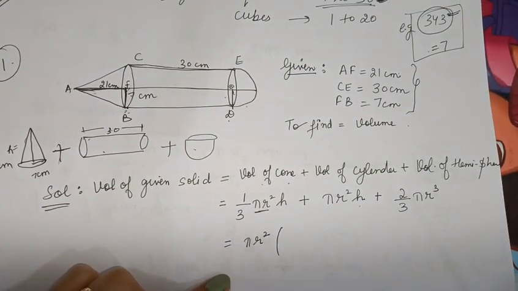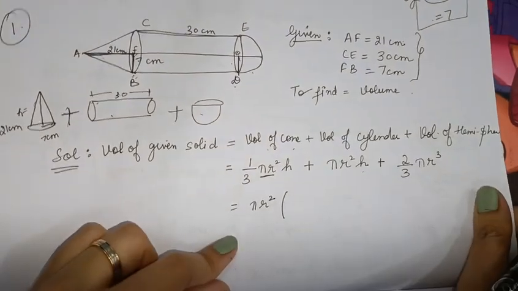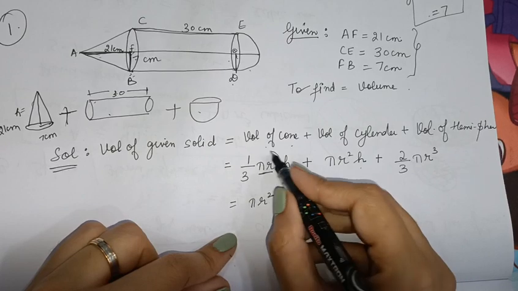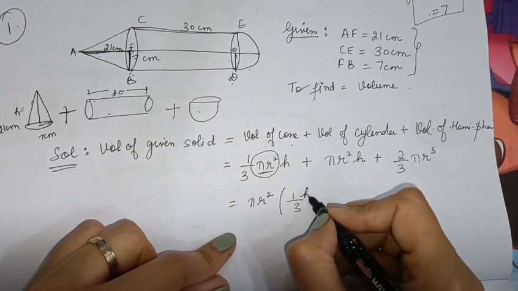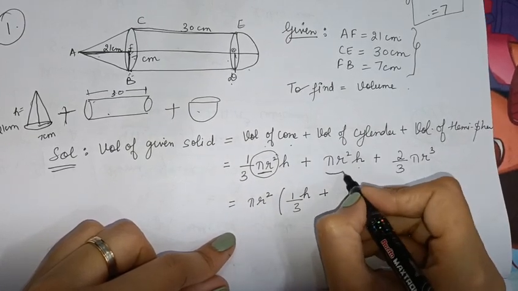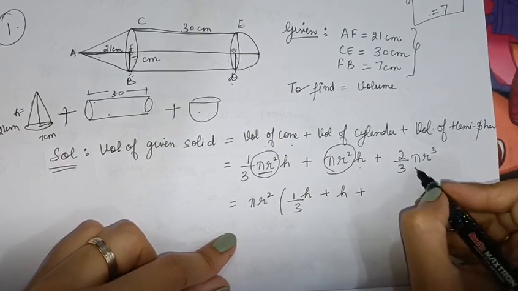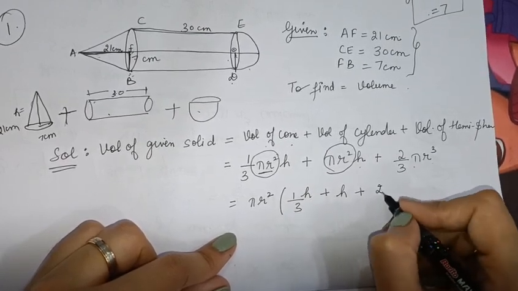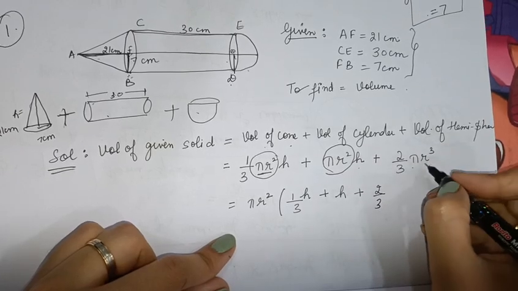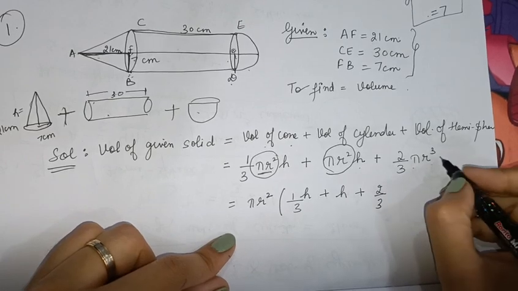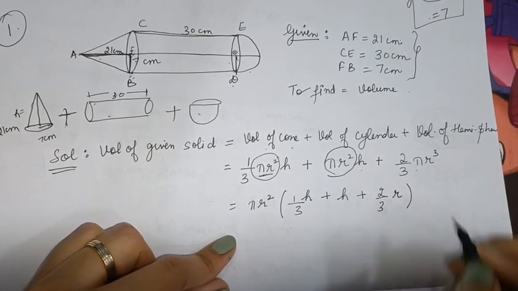Now inside, whatever is left, we can write 1 by 3 h, plus, again here also pi r square we have taken out, so h is there. Here we have taken out pi r square, so 2 by 3 is there, and r square we have taken out, so here r cube we have, that means 1 r is still there.